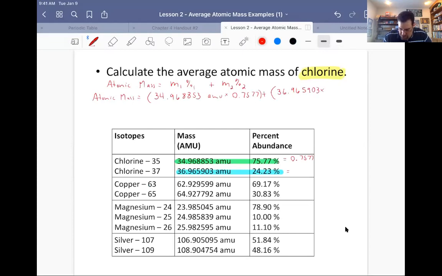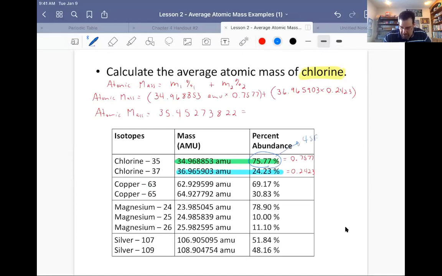And percentage 2. All right, once I mash buttons on my calculator, I get 35.45273822.